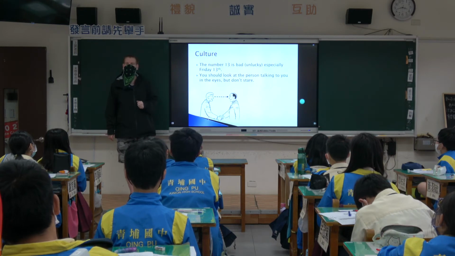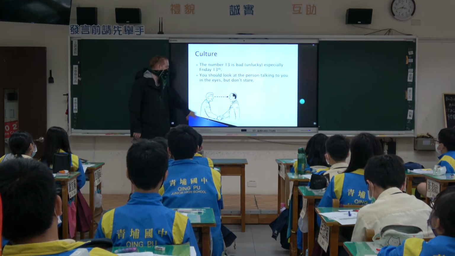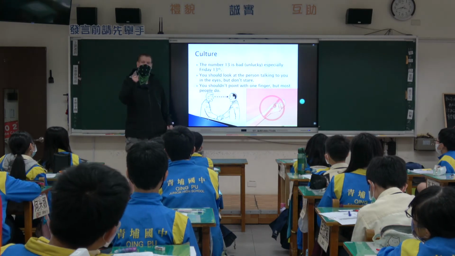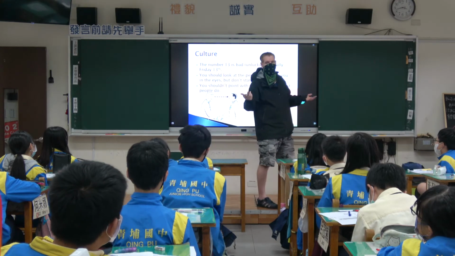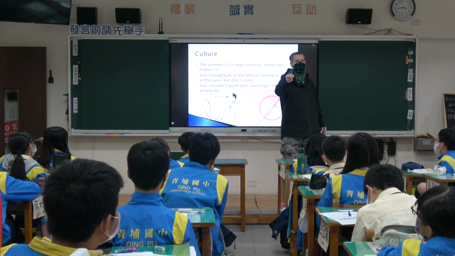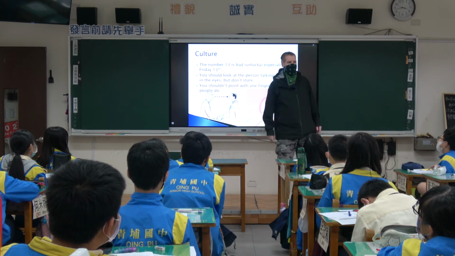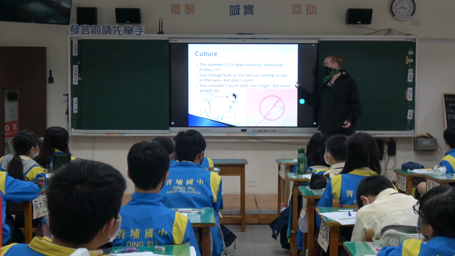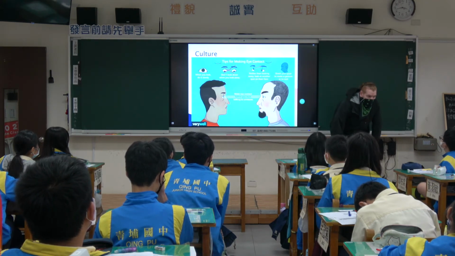You should look at the person when you're talking to them, but don't stare. You shouldn't point with one finger, but most people do it. Most people know going like this is wrong, but they still do it. When you're talking, you should look at the person, but don't stare.